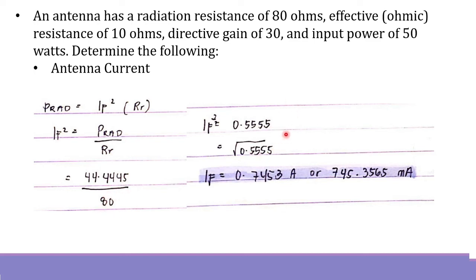So we'll be having this answer 0.5555. Since feed point current is squared, we'll need to get the square root of 0.5555, which the value would be 0.7453 amperes, or we could get the milliamperes as 745.3565 milliamperes.